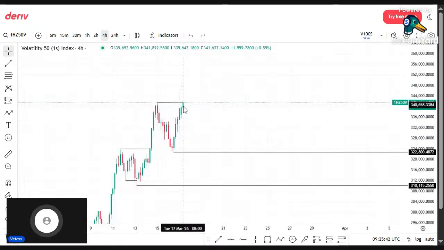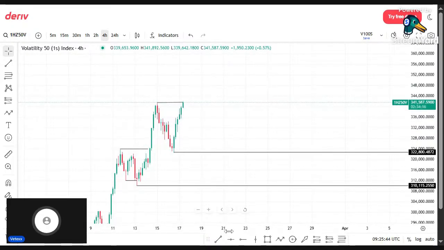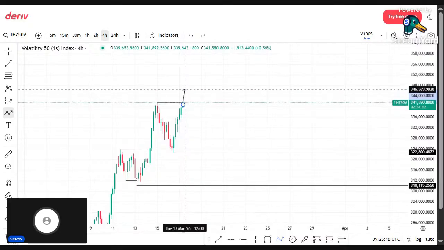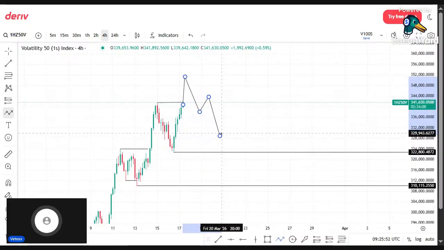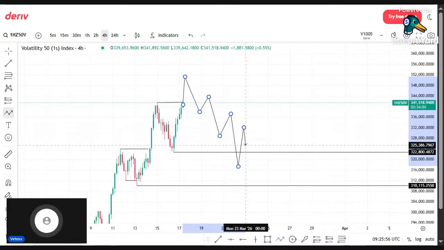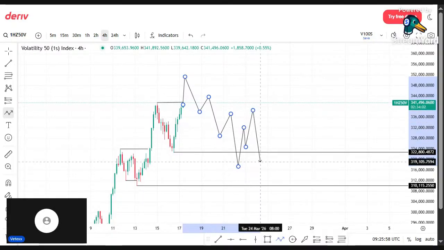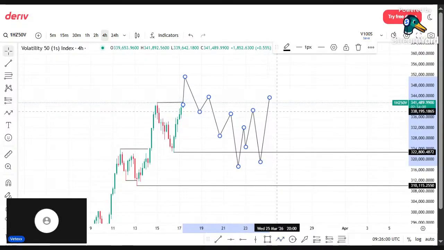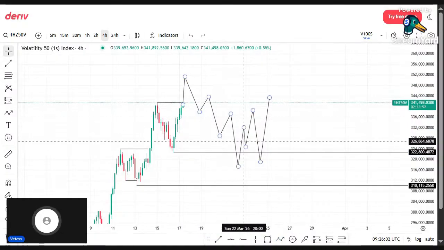So price is here to break this threshold. Definitely it's going to break it. So this is what I'm anticipating, for price to break it a little bit and then start tanking to the downside, give us our continuation setup, come back to the zone, and then we'll ride in the opposite direction.